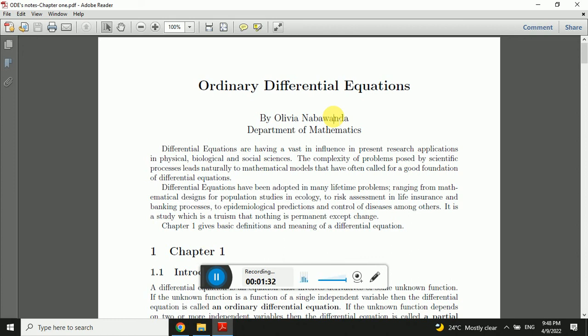Given a function, you should be able to differentiate it, or in other words, find its derivative. That is another way of saying differentiating.